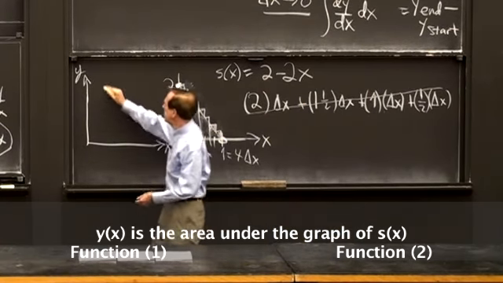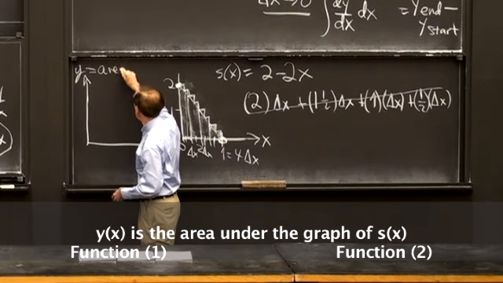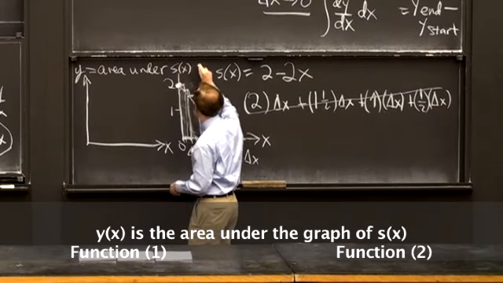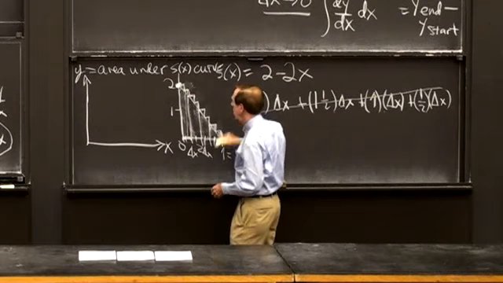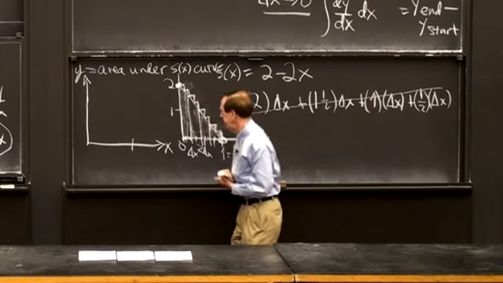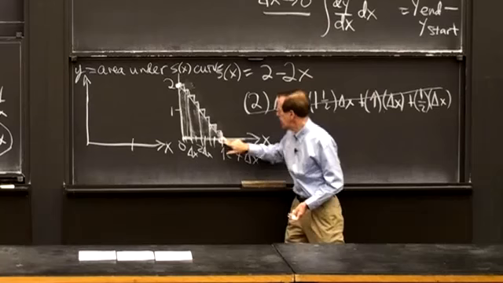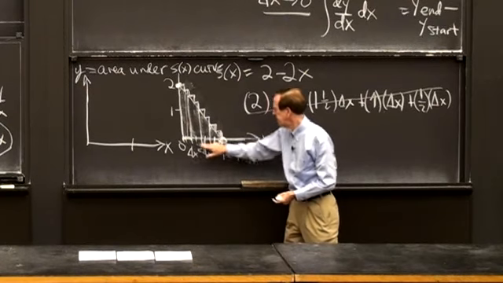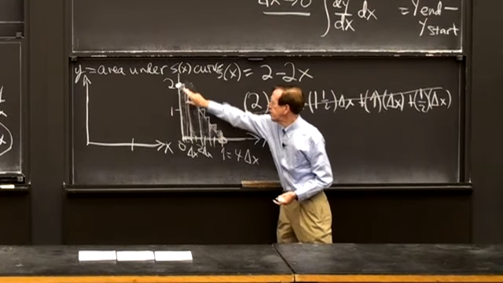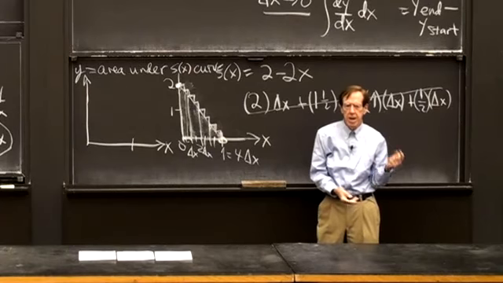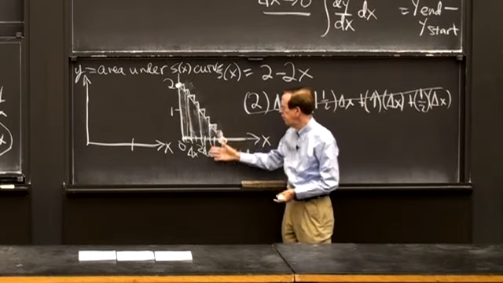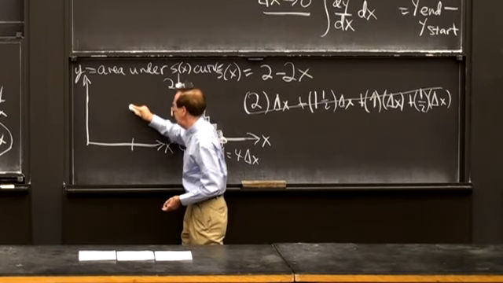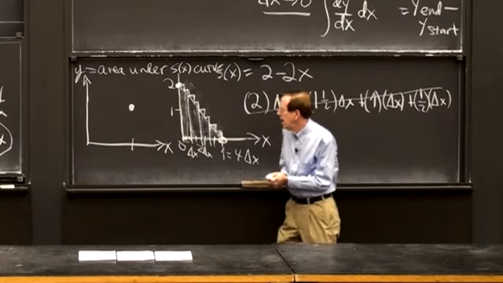This y turns out to be the area under the s of x curve, or line. So at x equal 1, what's the area out to 1? Well, we've got a triangle there. Its base is 1. Its height is 2. Area of a triangle is half the base times the height, so I have half times 1 times 2. I've got 1. The y at the end, the area at the end, is 1.